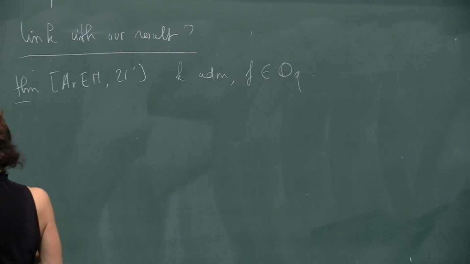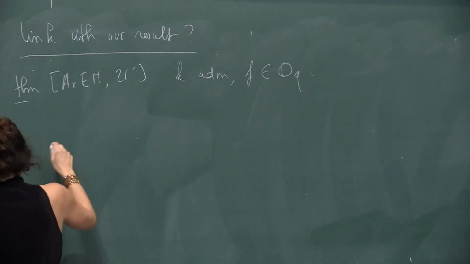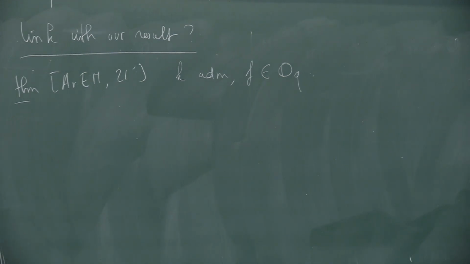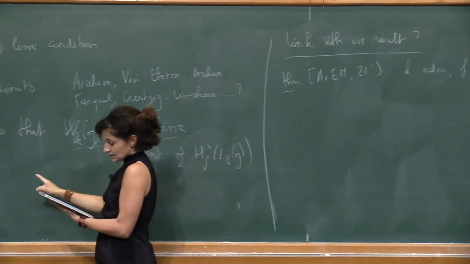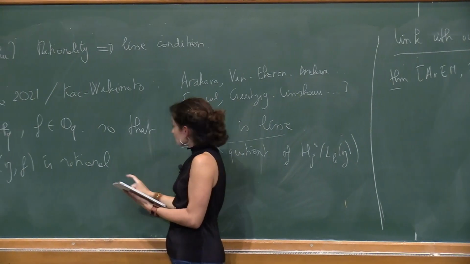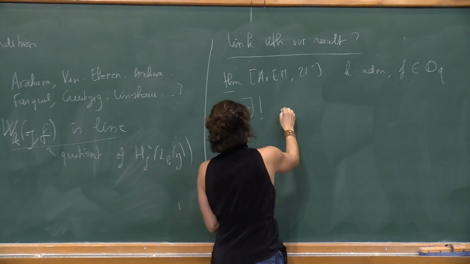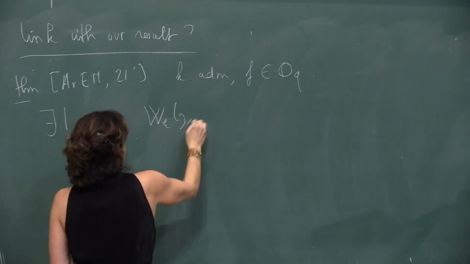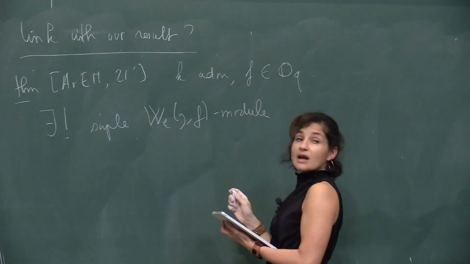And then the statement I want to say is that there exists a unique simple W^k(g, F) module with minimal conformal dimension.